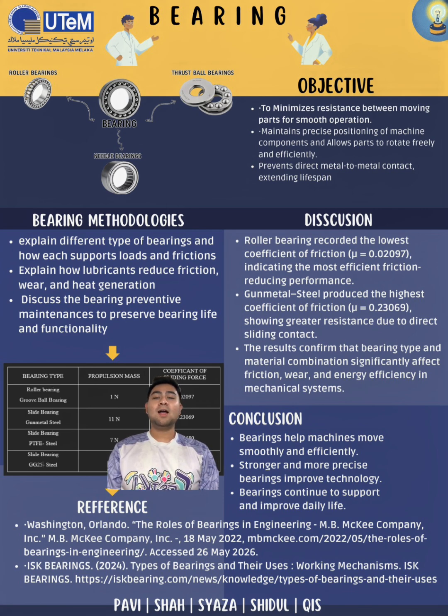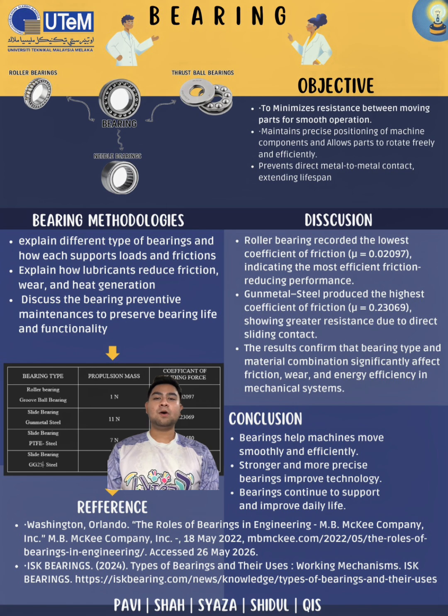I will explain the conclusion of the bearings topic. The first point of the conclusion is that bearings are important machine parts that help things move smoothly and efficiently. The second point is that as technology improves, bearings must become stronger and more precise and able to work in tougher conditions.